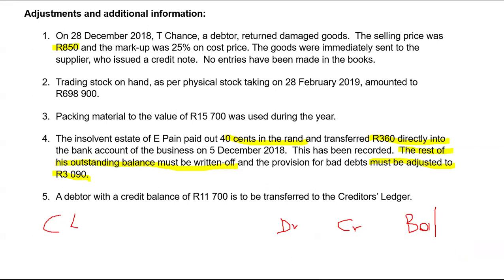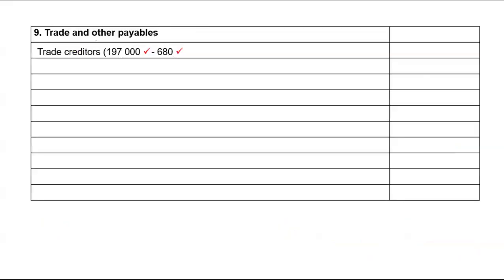That 11,700 will be on the credit side of the creditors ledger, meaning that we owe this creditor 11,700. So this 11,700, we need to record it in trade and other payables by adding it there. It'll be 11,700.